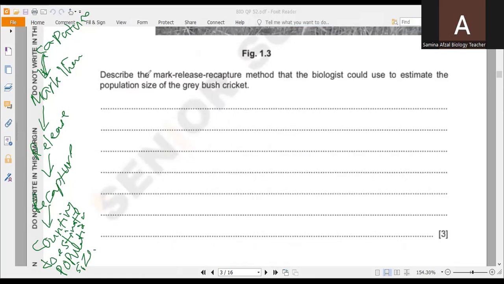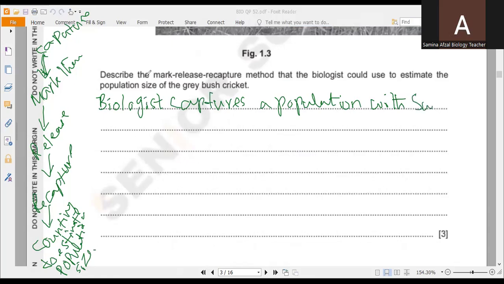First of all, they will capture them with a sweep net, and mark them.